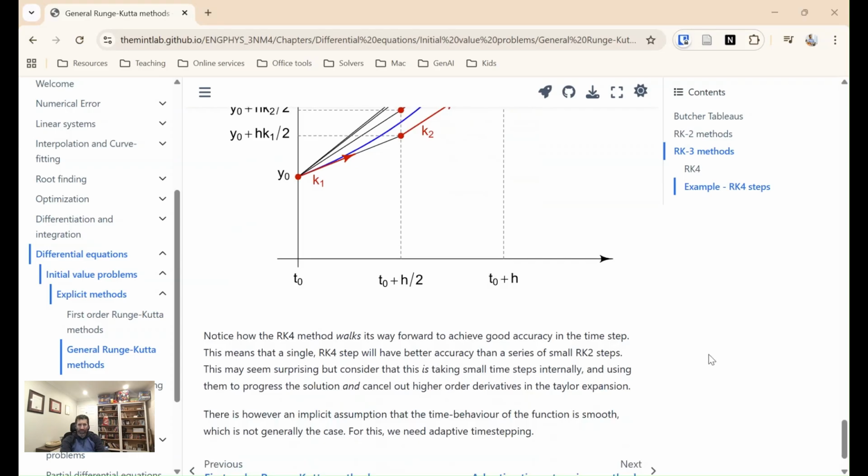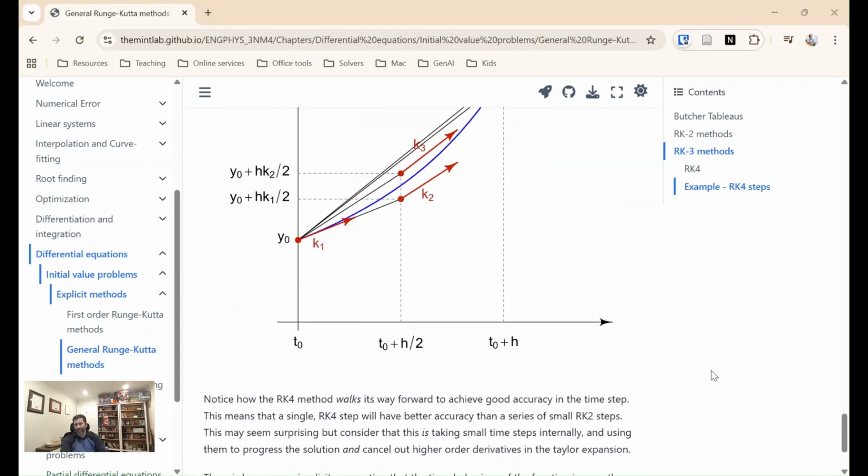Notice the way that this is working conceptually. RK4 is walking its way from your initial condition to the end of the time interval. It's taking those small steps along the way, and it's combining that information intelligently so as to cancel out your higher order derivatives and achieve a quantifiably better overall answer.